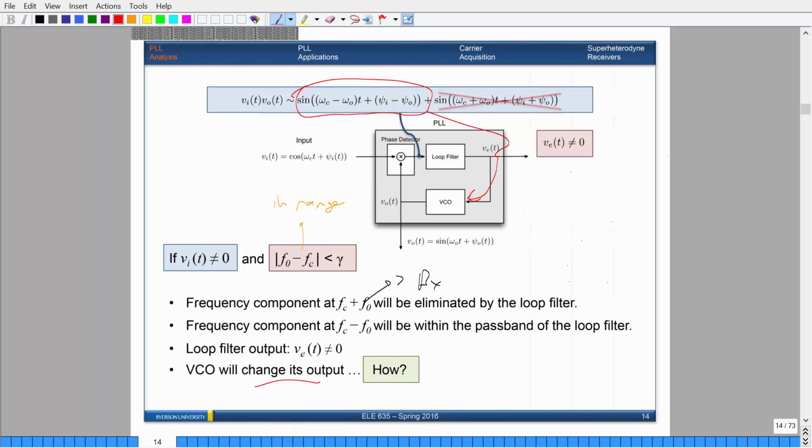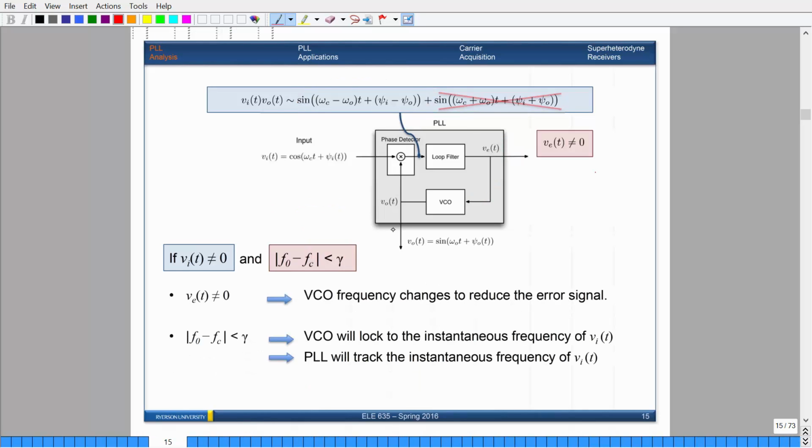So how exactly does this work now? It means that it's in range, and it'll lock, so to speak. How does it work if your carrier frequency is within the predefined range of the voltage controlled oscillator frequencies?